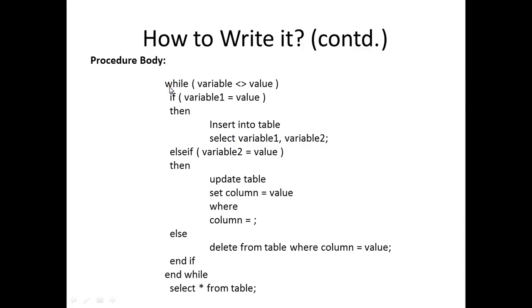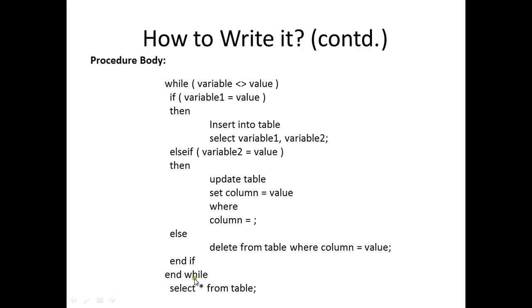Here we have the while loop, where we check whether the variable is not equal to a particular value. If that is the case, you check whether variable 1 is equal to that value. If so, then you insert into a table, and after that you select variable 1, variable 2. Then you've got an if statement, you update the table, else finally you can delete the values from the table.